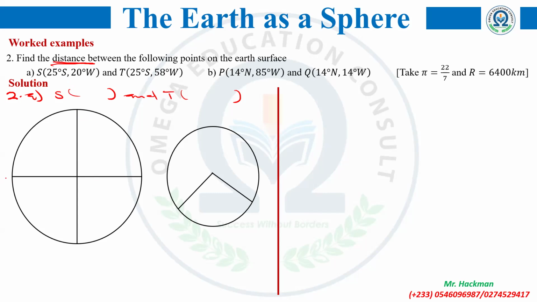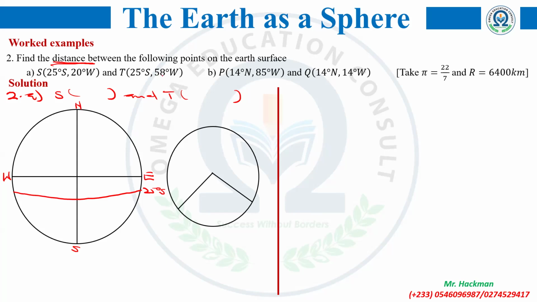Remember, this is your west, your east, your north, then your south. So we are looking at 25 degrees south. So south will be here, 25 degrees. So you know, that's where your first latitude will be. So 25 degrees south. Then its longitude will be 20 degrees west. So west is here, 20 degrees.